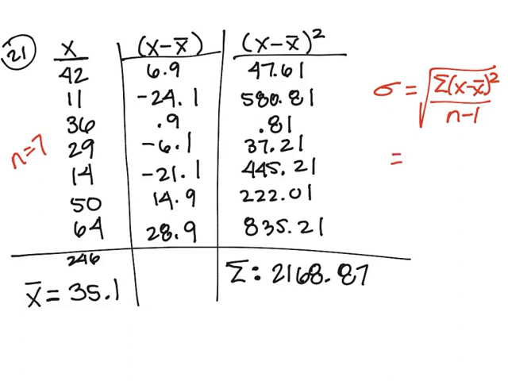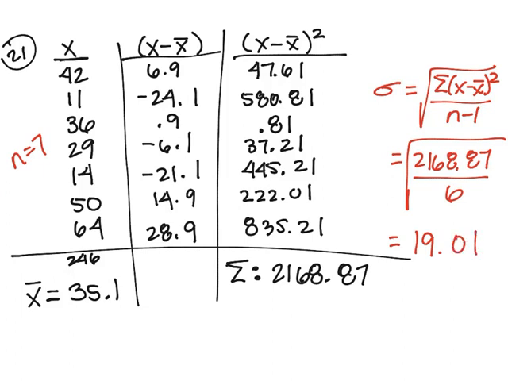So we're going to take that 2168.87 and divide it by 6 and then take the square root, or do it all together, however you want to type it in your calculator. When you divide by 6, you're going to get 361 point something. Take the square root of that number, and you get 19.01 and some other stuff. So it looks closest to A.